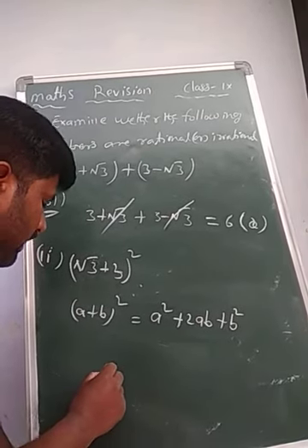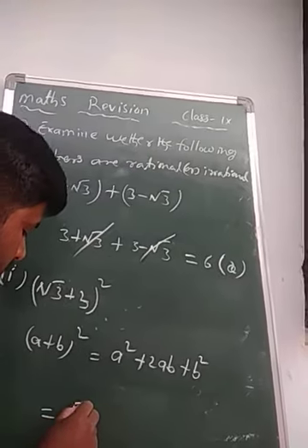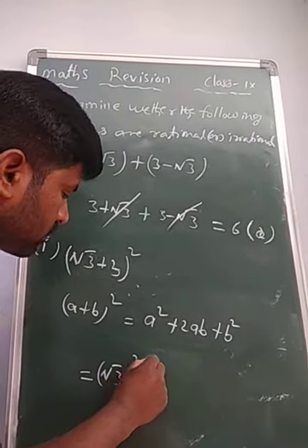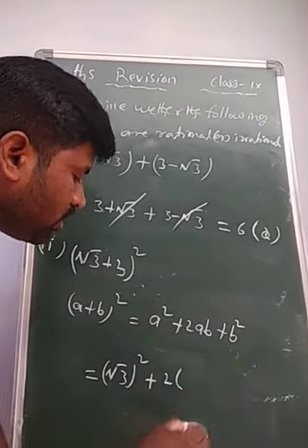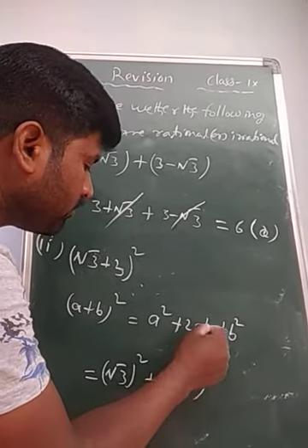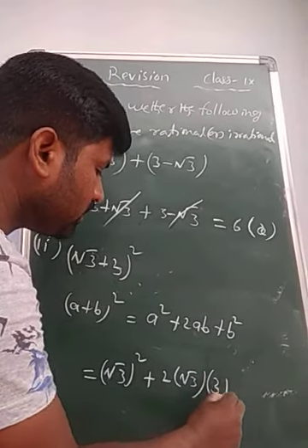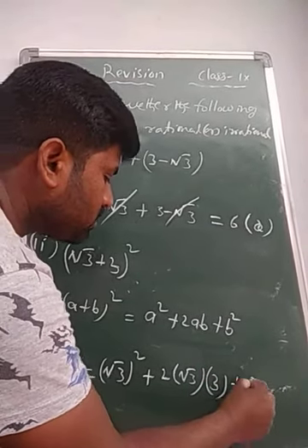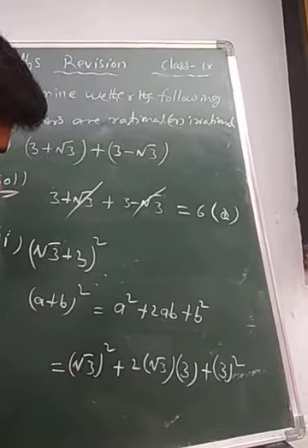Now we can write it as a square, that is root 3 whole square, plus 2 of a, that is root 3, of b, that is 3, plus b square, that is 3 whole square.